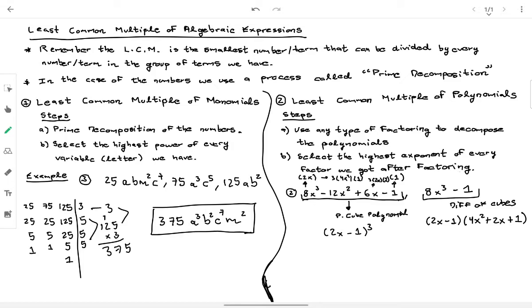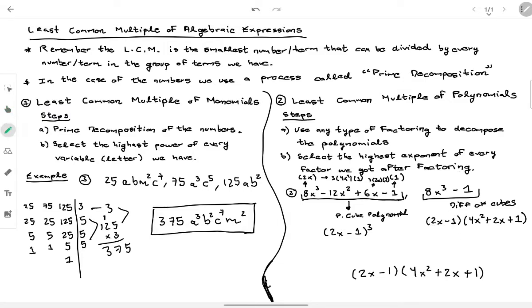So the next thing is to select the highest exponent of every factor we have. We have two factors: the 2x minus 1 and the 4x squared plus 2x plus 1. In this case, 2x minus 1, we have it here to the third power and here to the 1.